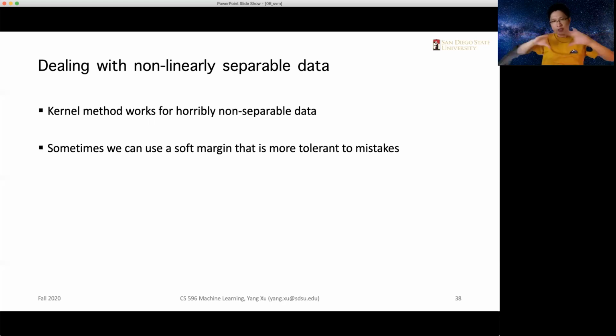And today we have used the kernel method to solve the data that are more horribly non-linearly separable. Okay, and combining these 2 methods, SVM is a very powerful approach to find reasonable decision boundaries without causing too much overfitting to the original data sets.